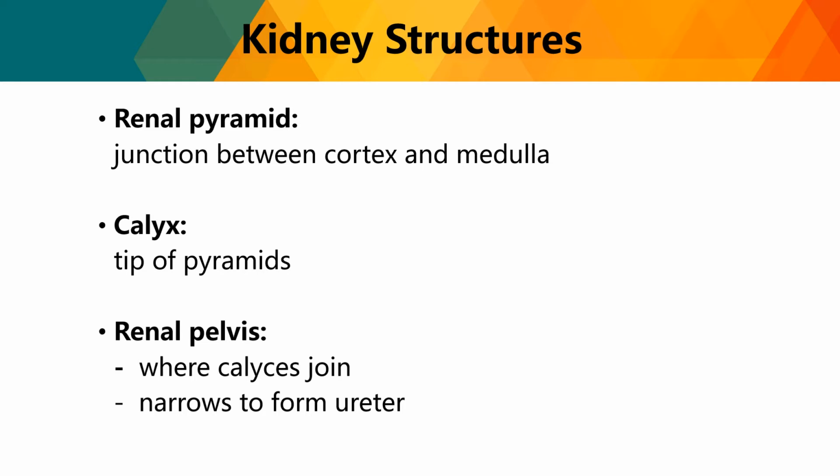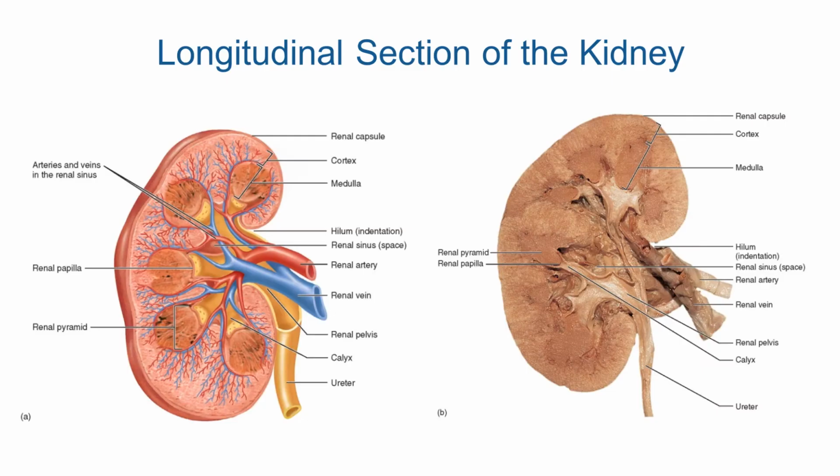Your kidneys also have your renal pyramids. So this is the junction between your cortex and your medulla. You also have the calyx, which are the tip of your pyramids, and your renal pelvis, where calyces join, and it narrows down to form your ureters.